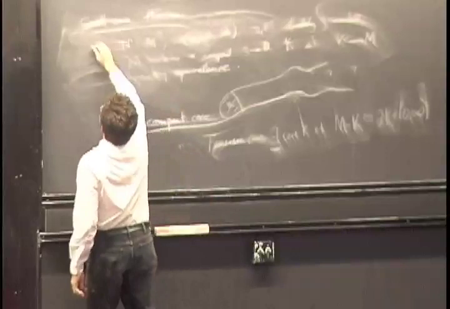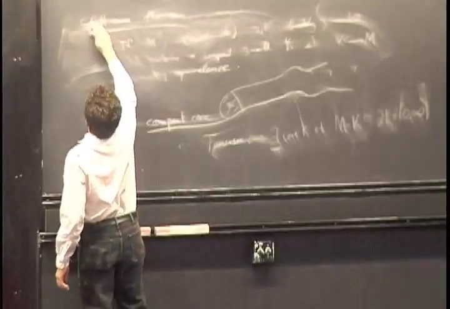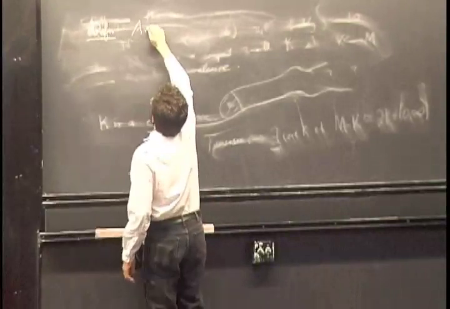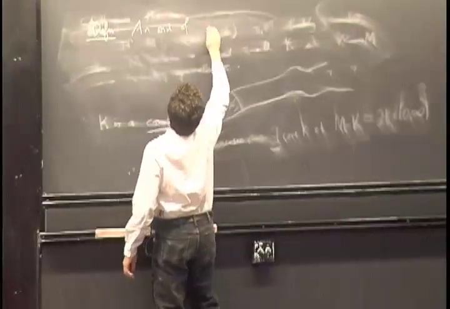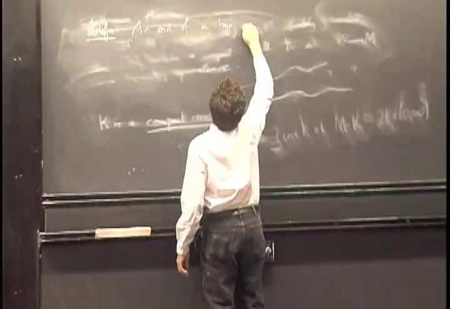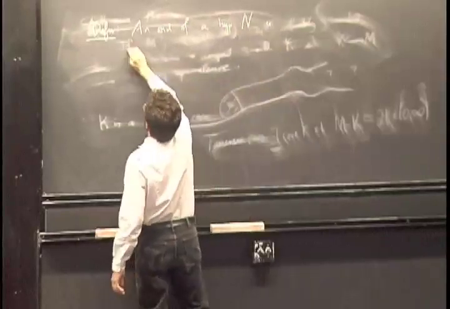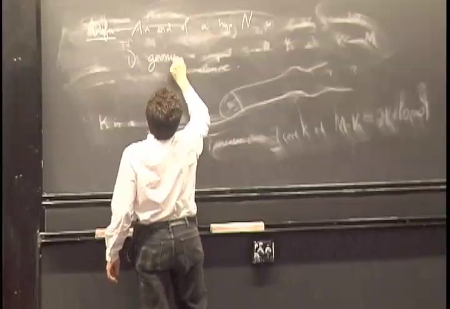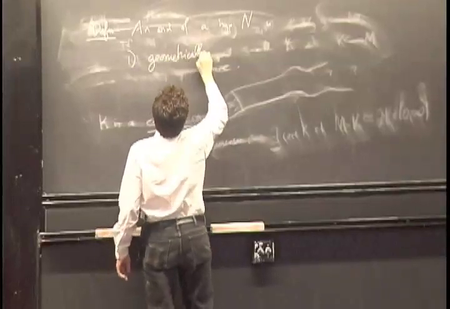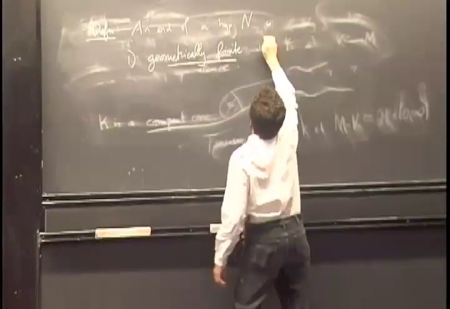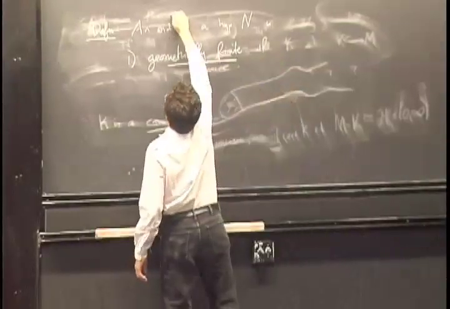So let's say it this way. I'll try to make this a kind of quasi-definition. I'm not really being precise. So an end of a hyperbolic manifold N is first of all geometrically finite. Let's call the end E. What is an end of a manifold?